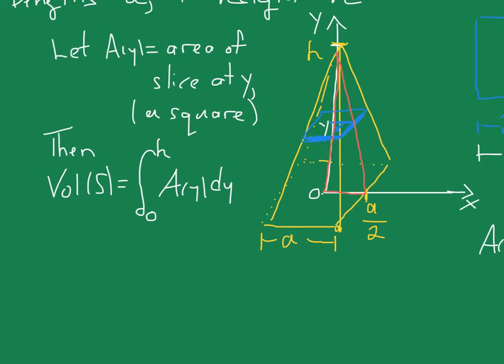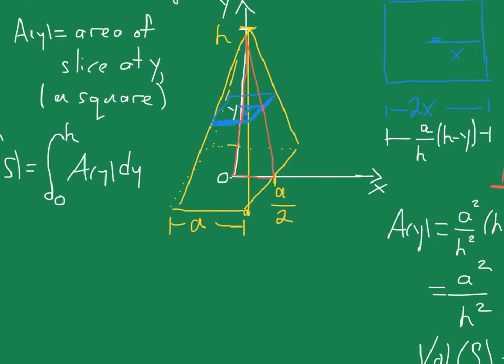So A of y dy being equal to the volume of our infinitely thin slice at y. We add one of these volumes up for each y between 0 and h. In other words, we integrate from 0 to h. All right, so let's go back and we'll now compute the volume.